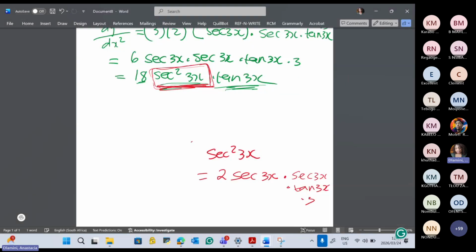So let's simplify it. It becomes 2 sec squared 3x times tan 3x times 3, and 3 times 3 becomes 9? Do we agree? Yes or no, guys?